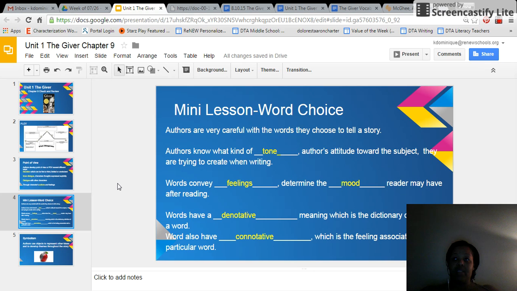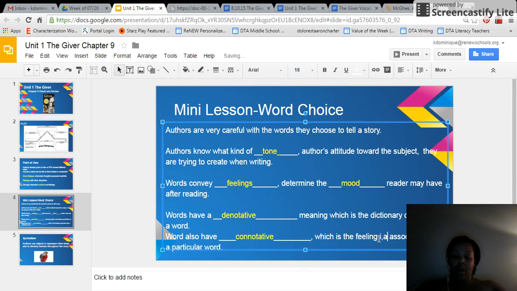Remember, words have a denotative definition, which is the dictionary definition, and they also have a connotative meaning, like the feeling or the image that is associated with a particular word. Think about some of the examples that I gave yesterday.